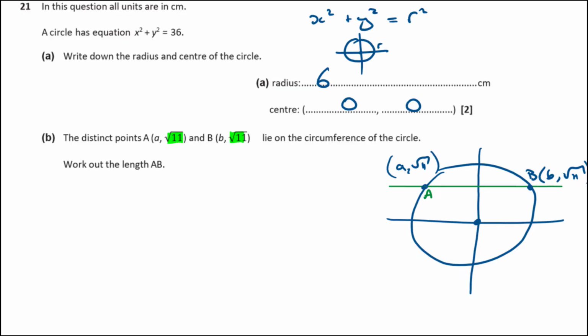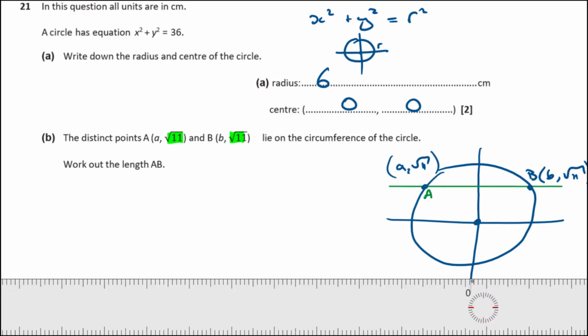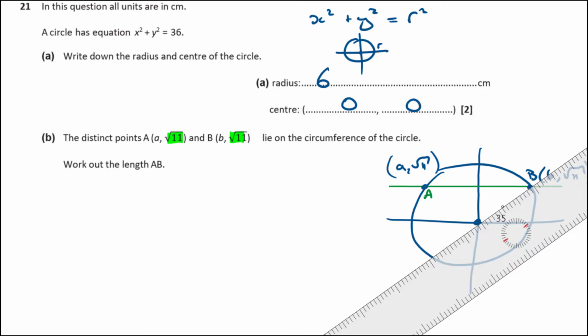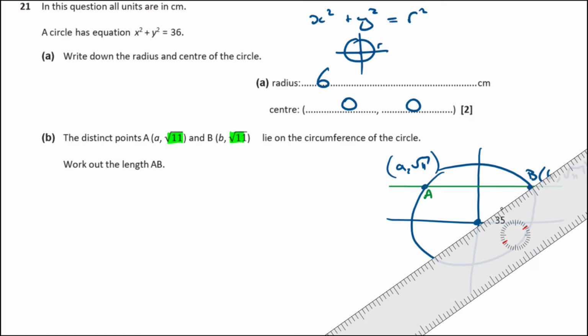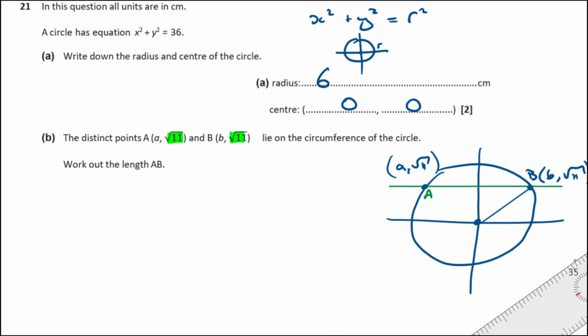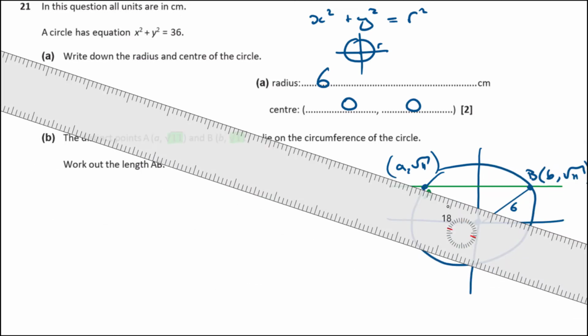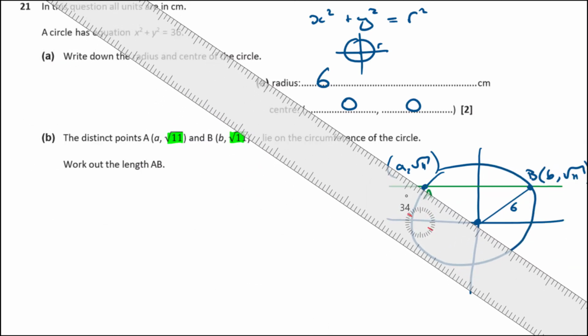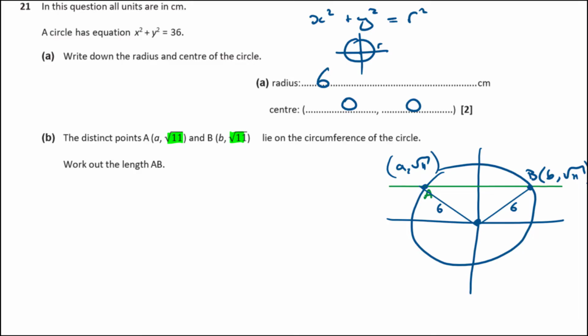Well, how can I do that? Let's add some more lines in. I know that line is the radius of the circle, and I know that's length 6, and I know that one as well. That's also a radius of the circle, so that's also length 6, and I know the height of the line above the x-axis is root 11.